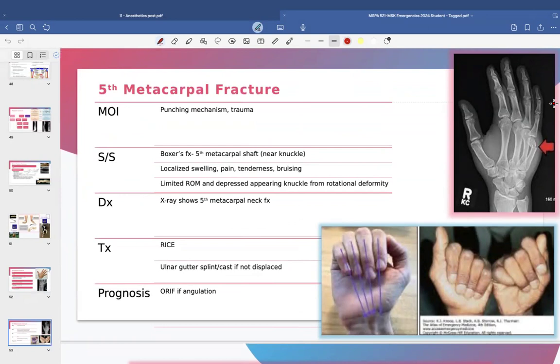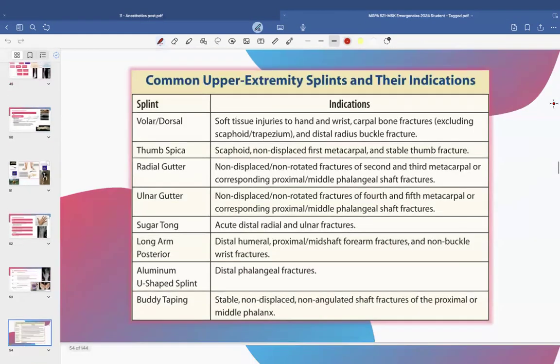So like pinky's turning in, maybe on a clinical image. And if they are angulating that much, you might need to pin it. But make sure there's no open skin. This is all the stuff that we got to play together before.